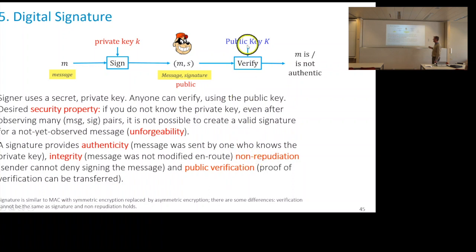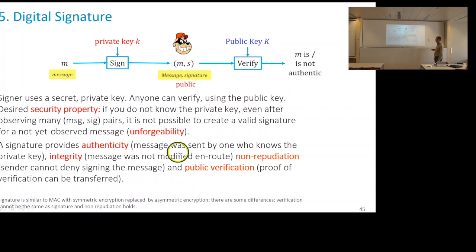In particular, if we are certain that the public key is from this guy, anybody can verify that this message was signed by the owner of this private key. So we have what is called public verification. So anybody can verify that it was signed, but anybody can also know that it was done by this one, not just the intended receiver. So everybody can know that you had received a message signed by someone here.